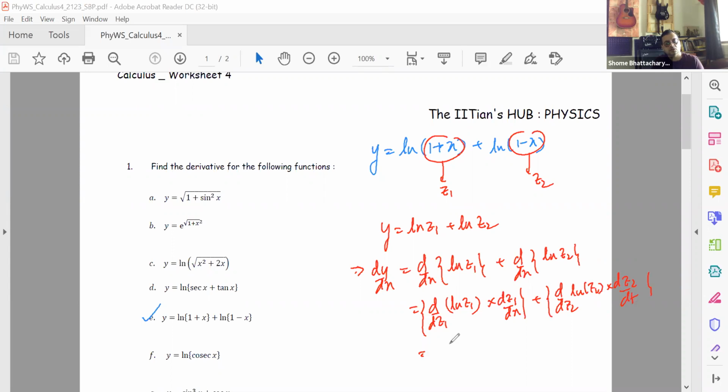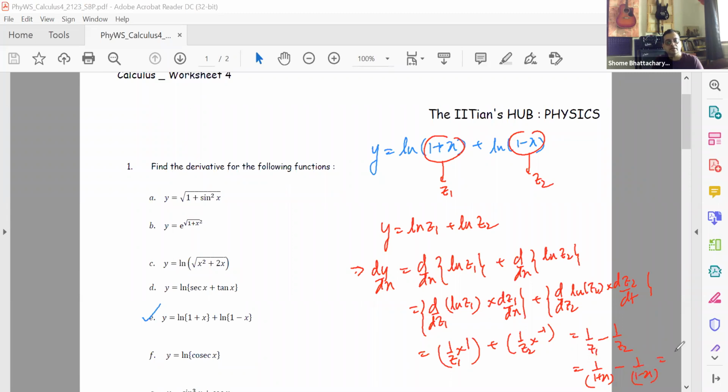Okay, so this is 1 by z1 into, now z1 was 1 plus x, so its derivative is 1, plus this is 1 by z2, but into z2 was 1 minus x, so its derivative is minus 1. So this becomes 1 by z1 minus 1 by z2. That is 1 upon 1 plus x minus 1 upon 1 minus x. Okay.